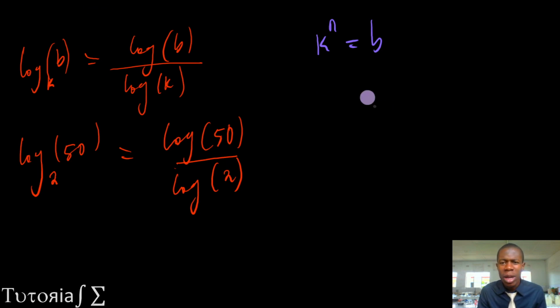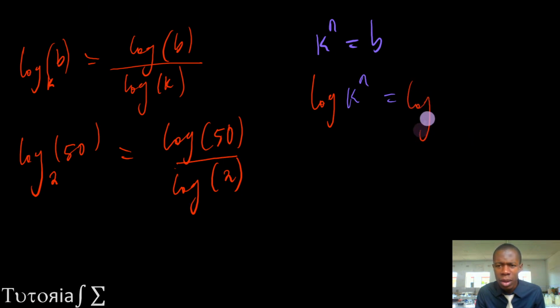If there is an equal sign there, and on this side there is no plus or minus or something like that, you can simply introduce logs both sides. So that is log of k to the power n equal to log of b.